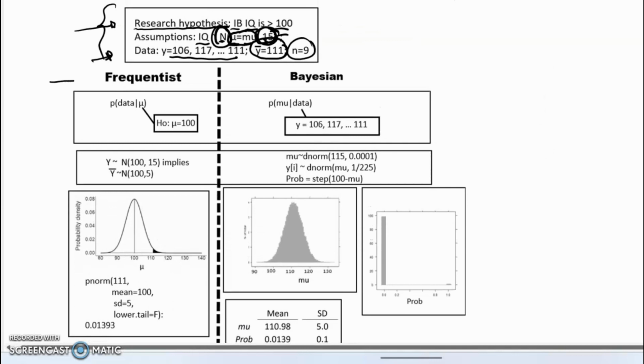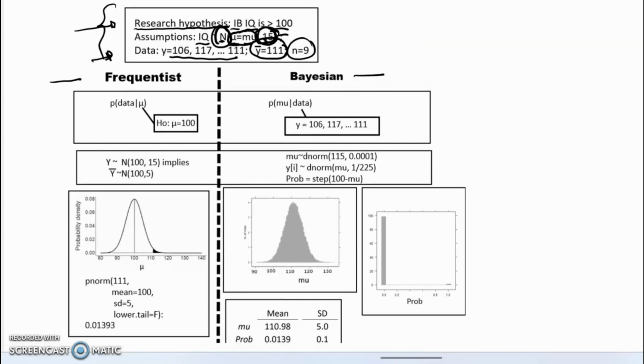So, going on to compare Frequentism with Bayesianism. Again, the whole idea is that the Frequentist gives us the probability of the data conditional upon the parameter, in this case mu. Where does that mu come from? The mu here is going to be 100. This is the null hypothesis.